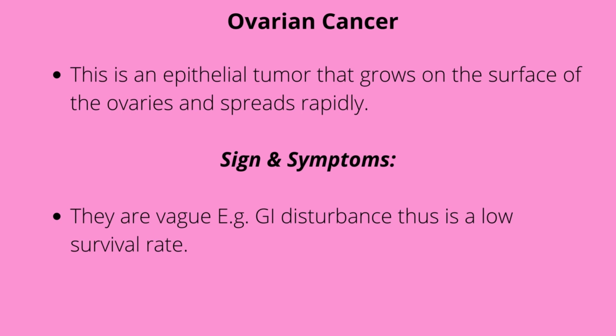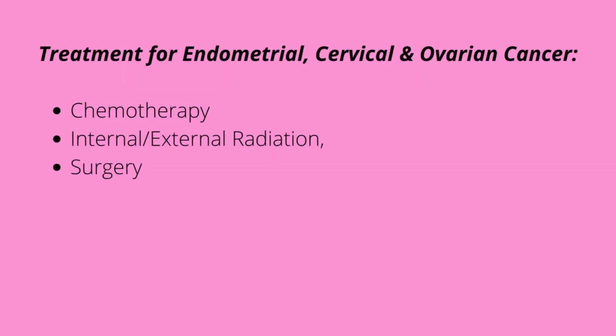So you wouldn't know that somebody has this because the symptoms are vague. It's like GI discomfort. So you could think maybe constipation, maybe I ate something bad, but you're not thinking that you're having ovarian issues. And how do we treat our endometrial, cervical, as well as ovarian cancer? We do chemotherapy, internal or external radiation, as well as surgery.